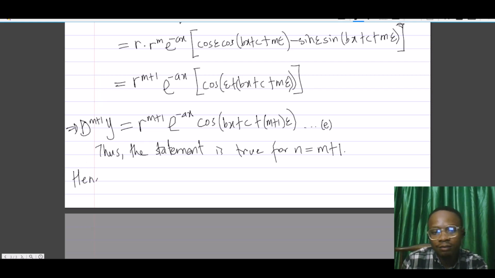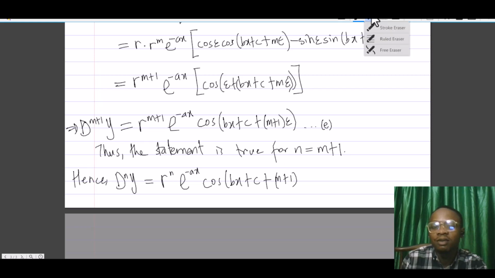Hence, the statement is true. So we can say that the nth derivative, that's the statement, I'm just writing the statement, is indeed equal to r to the power of n, e to the power of minus ax, cos of bx plus c plus n epsilon.